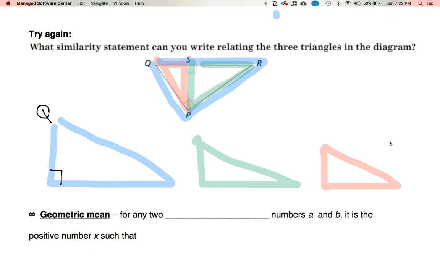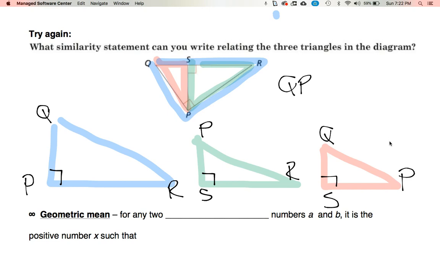So Q, P, R, S, P, R, S, Q, P. So Q, P, R, P, S, R, and Q, S, P.